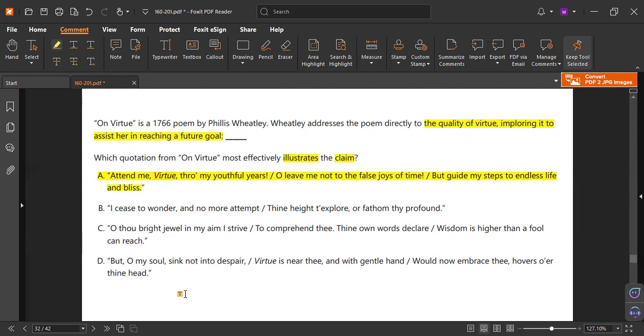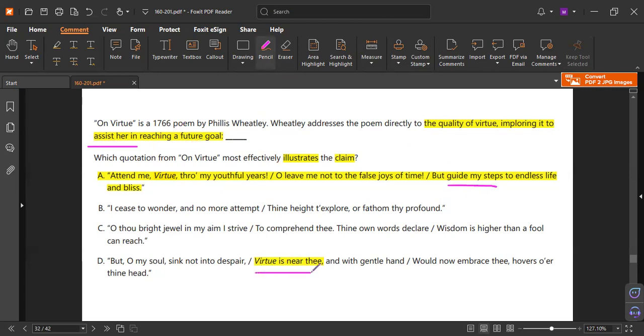But letter D, maybe. But oh, my soul, sink not into despair. Virtue is near you. We have it. And with a gentle hand would now embrace you, hovers over thine head. Yes, where is imploring it to assist? And look here, to assist her means guide.